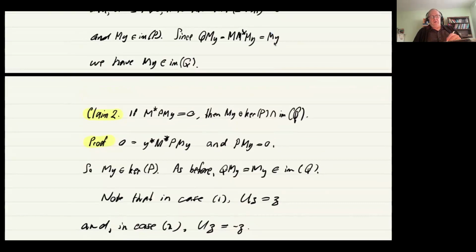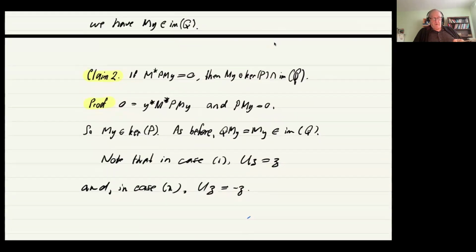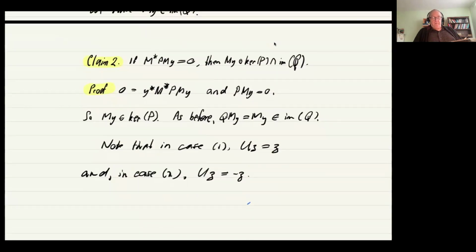Yeah, okay. So Q is M M star, and so these cancel because M star M is the identity. So QMY is equal to MY, same as before. Okay, and so we get that MY is in the image of Q.